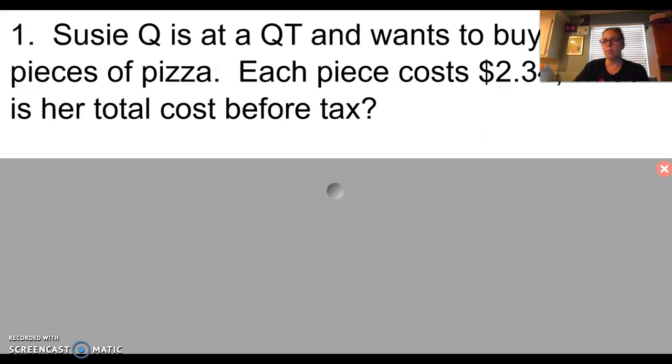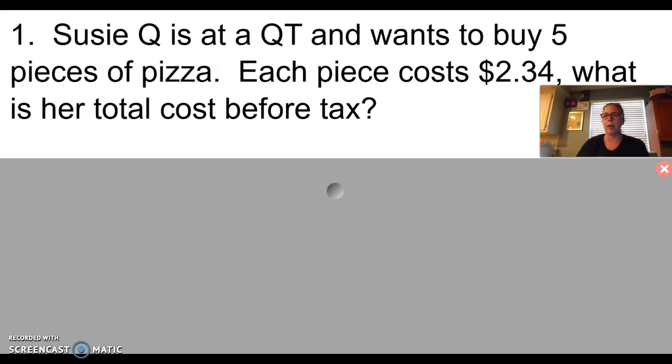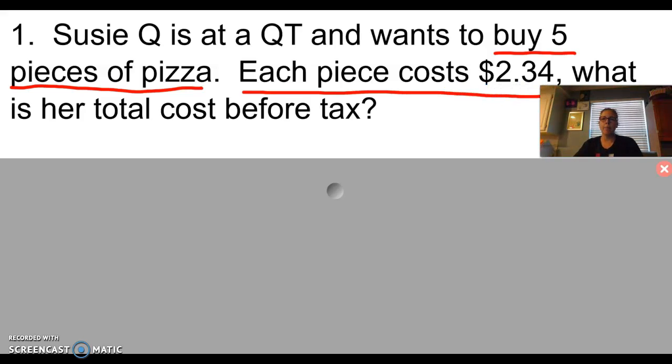So write buy 5 pieces of pizza. And then write each piece costs $2.34. You can pause it. What is her total? Okay, we're not going to worry about tax right now. But what is her total?